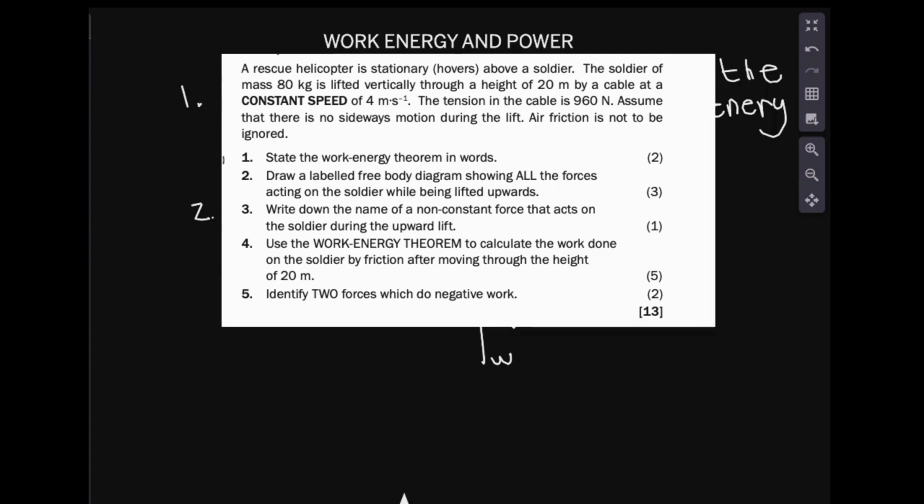Write down the name of the non-constant force that acts on the soldier during the upward lift. It must be air friction. Okay, now use the work energy theorem to calculate the work done on the soldier by the friction after moving to the height of 20 meters.